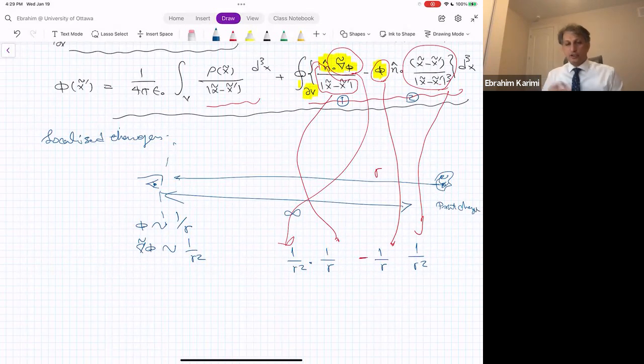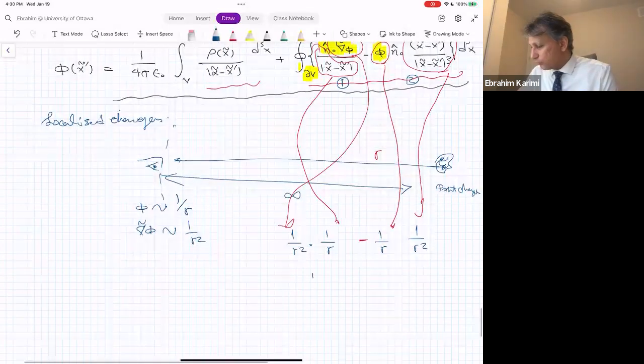So assuming that we are far away from the charge distribution, we are going really far away, then the charge distribution now looks like a point charge, then the field is going to be 1 divided by r squared, and the scalar potential is going to be 1 divided by r. So the integrand goes to be 1 divided by r power of 3 for both terms.